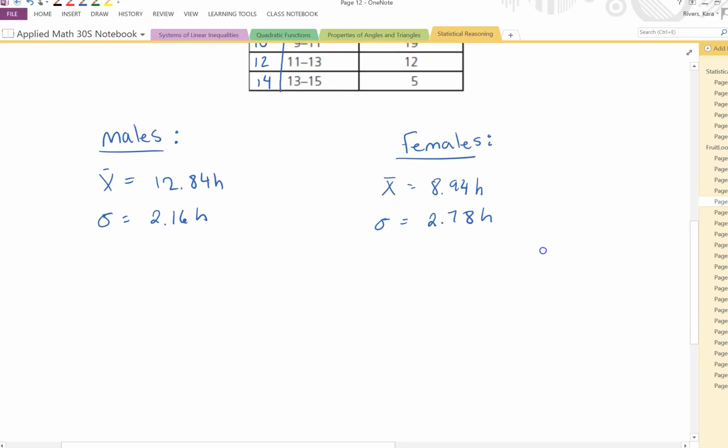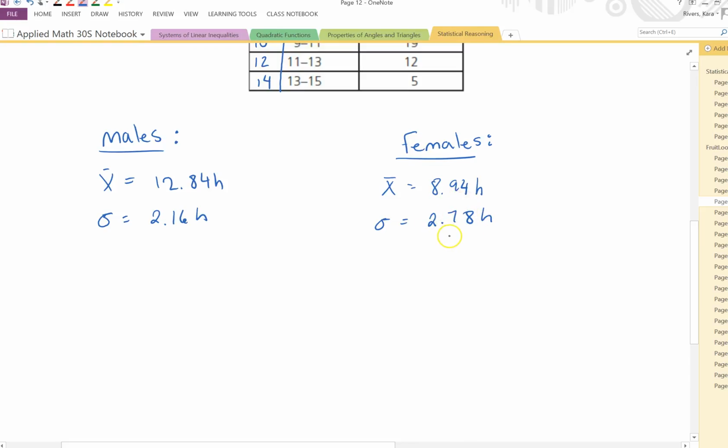Well, the average, the mean number of hours, males have more than females, right? On average, males spend more time playing video games than females. But if we look at our standard deviation, the standard deviation is lower for males. So there's more males playing video games close to 12.84 hours, and there's less females playing around 8.9.